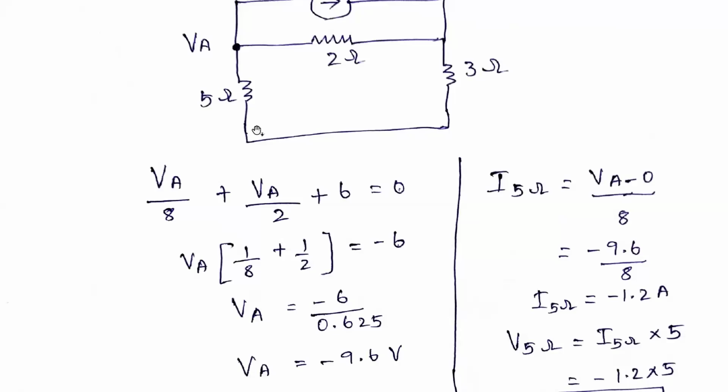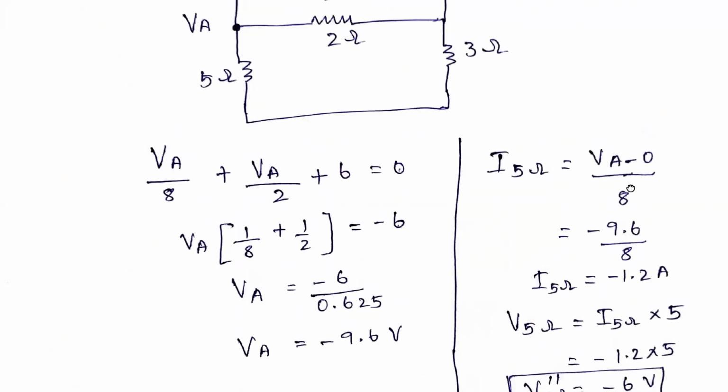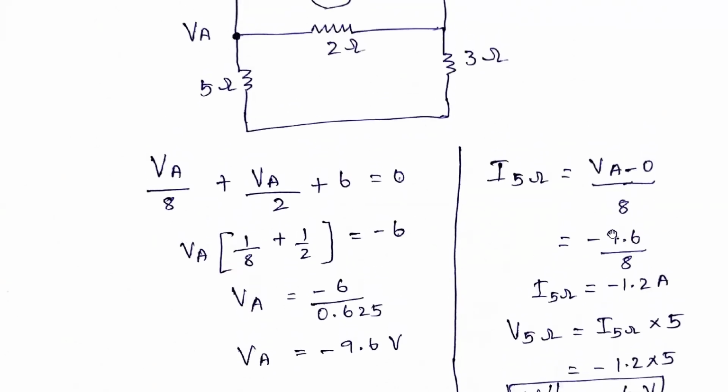So 5 ohms and 3 ohms are there. First we need to find out the current. Current in 5 ohms is equal to VA minus 0 potential divided by this particular resistance. So 5 plus 3, because these two are in series, is 8. VA we already calculated as minus 9.6. So minus 9.6 divided by 8 is equal to minus 1.2 amperes.